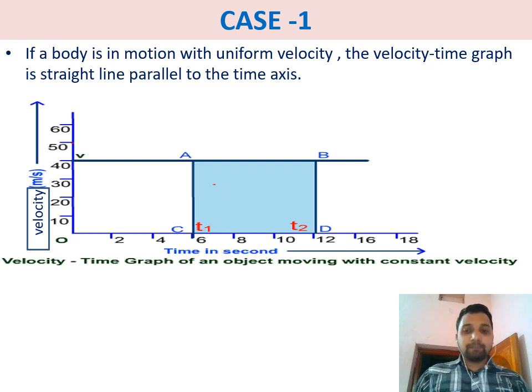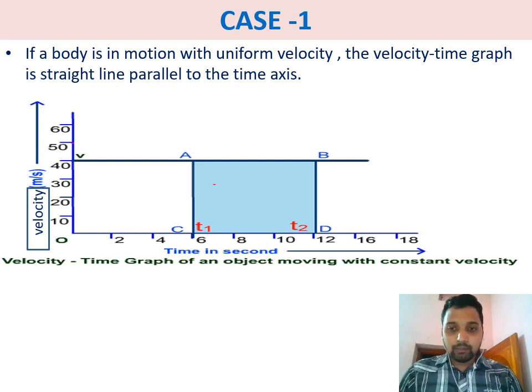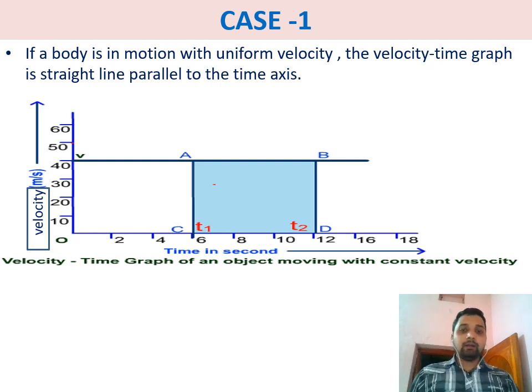To find the displacement, displacement is the area enclosed between the graph and the x-axis. Here, if we look at A, B, D, C, this is the shape of a rectangle. To find the area of a rectangle, we use the formula L into B. Here L or AB distance: 12 at point B or D and 6 at point A or C, which is the change in x-axis.